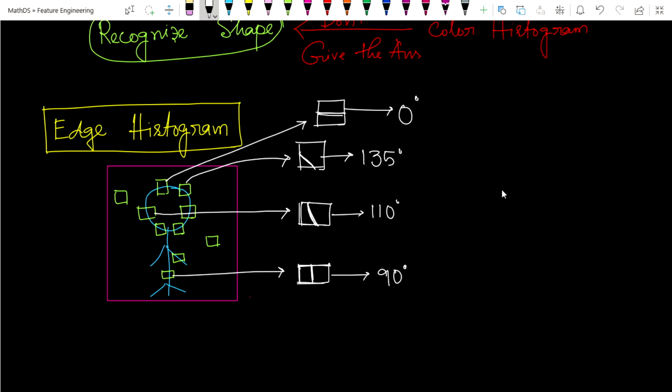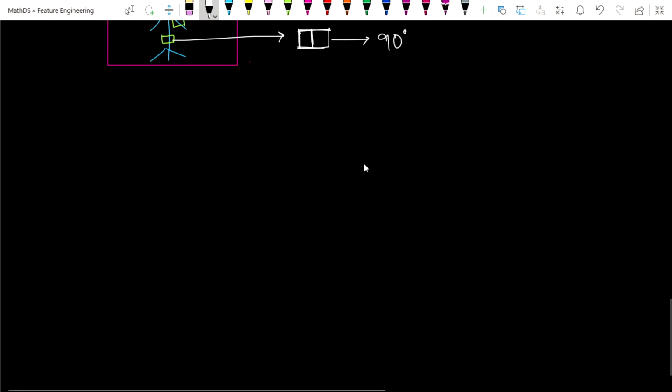So first we have to partition it into small pixels. On these pixels we have to find the edges and the angle of the edges. That is the first thing we have to do.